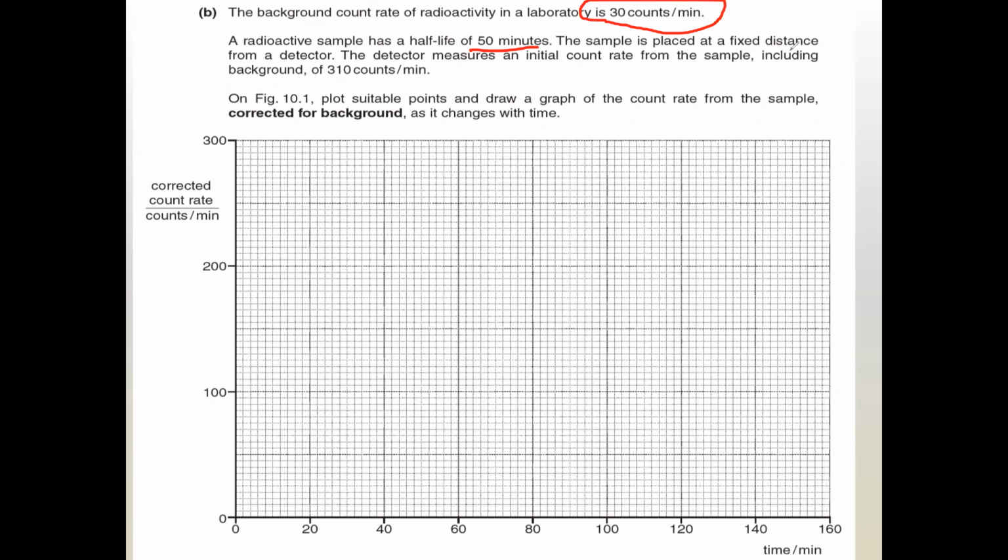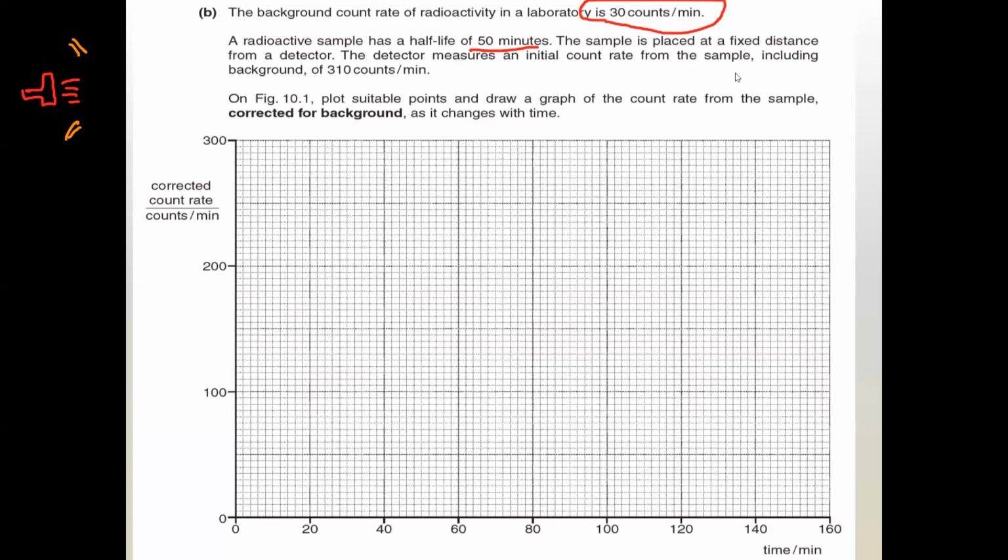The sample is placed at a fixed distance from a detector. Again, it is a similar type of question: you have a source. So this is a source, and it is emitting radiation, and there are radiations from the background surroundings as well.